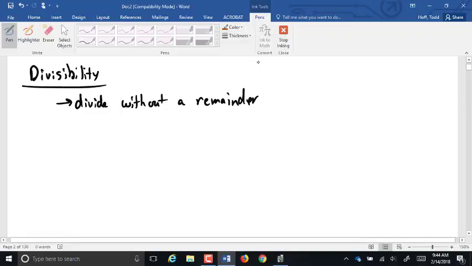For example, 12 is divisible by 3 because 12 divided by 3 is 4. There's no remainder, no decimal, no fraction.